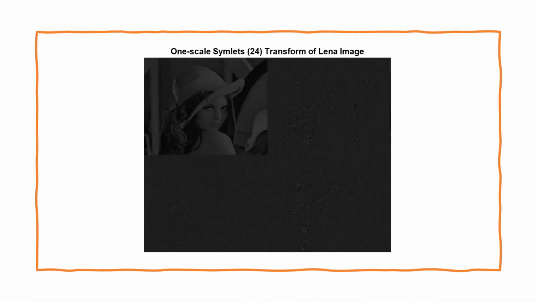So by using the filter bank method and the four components H, G, RH and RG, we have calculated a function which will generate the one scale wavelet transform of an image. As you can see here, this image is the same as that we calculated using y equal to w x w transpose.